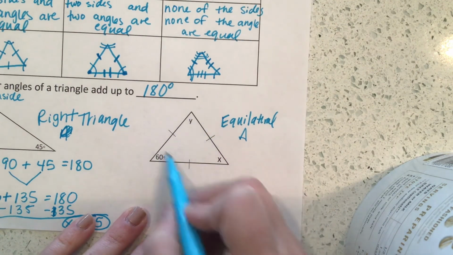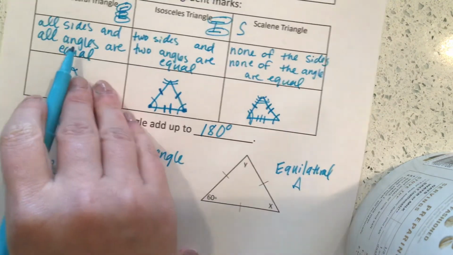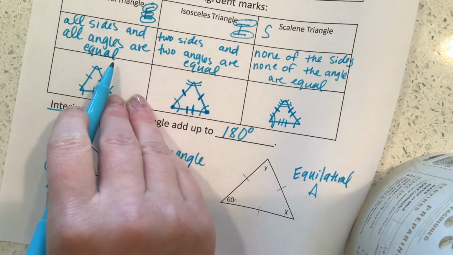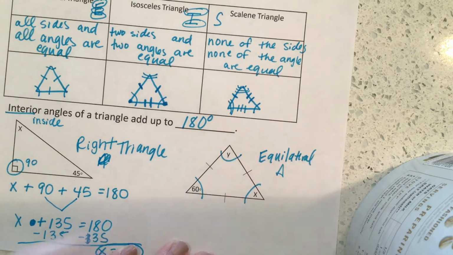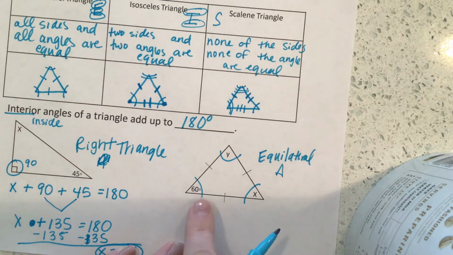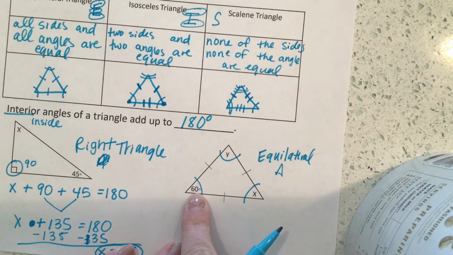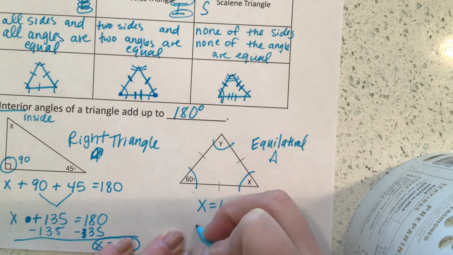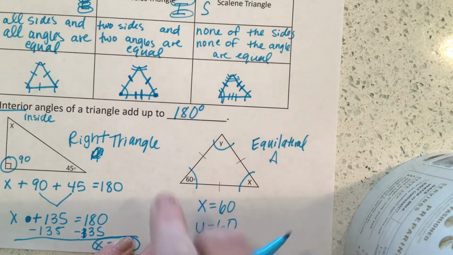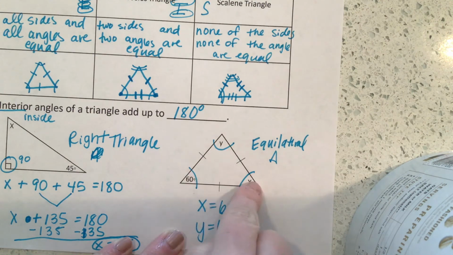But if all the side lengths are the same, the definition also tells us that all the angles are equal. So if this and this and this are all equal, if I know that this one is 60, X also has to be 60, and Y also has to be 60 because they are equal to each other.